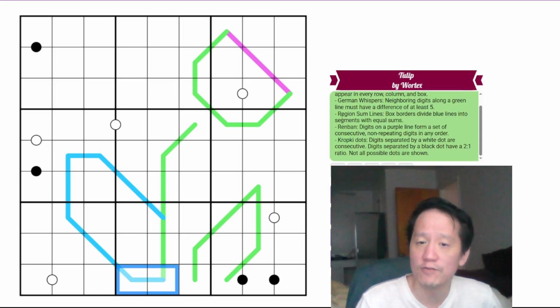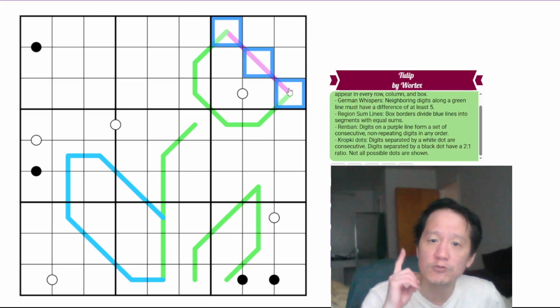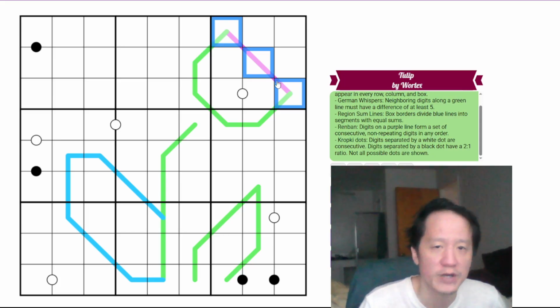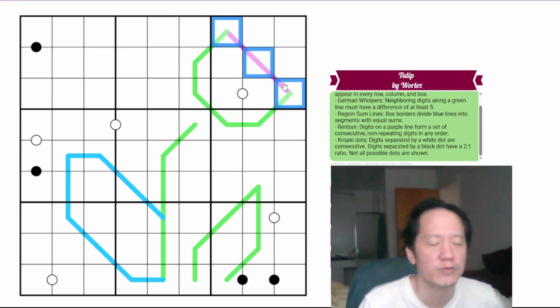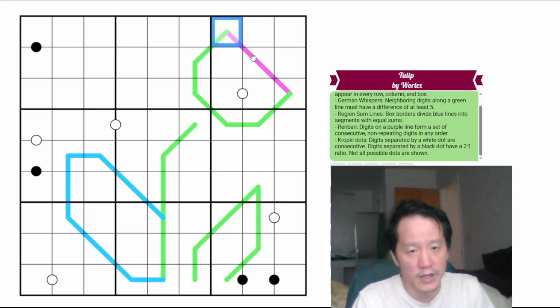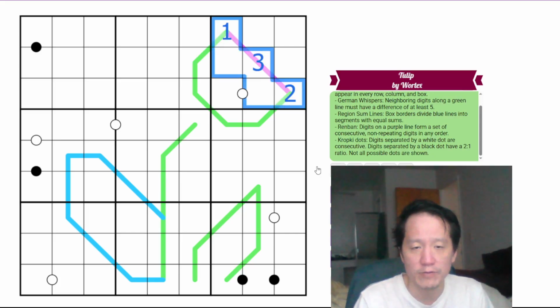We also have Renban lines, where digits on a purple line form a set of consecutive, non-repeating digits in any order. So you cannot have repeats on a Renban. Well, okay, you couldn't have repeats anyway here. But for example, you could have something like 1, 3, and 2 here on this Renban line, and that would work.